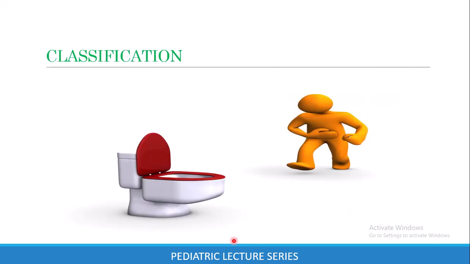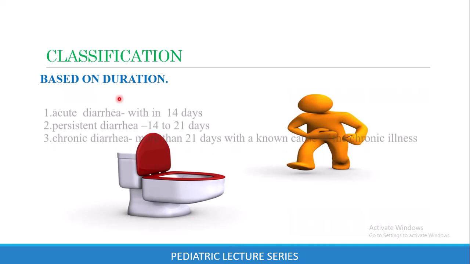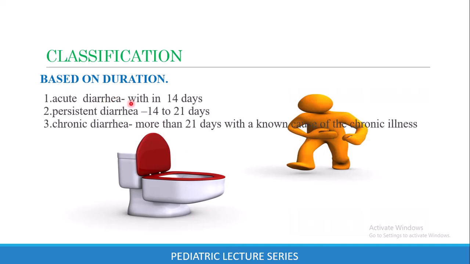So let's classify diarrhea. Based on the duration, you can have acute diarrhea, which lasts within 14 days, persistent diarrhea, which runs from 14 days to 21 days, and then chronic diarrhea, that is diarrhea that goes beyond 21 days with a known cause of the chronic diarrhea.